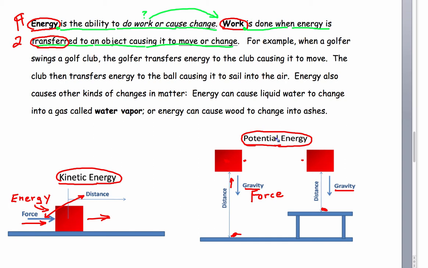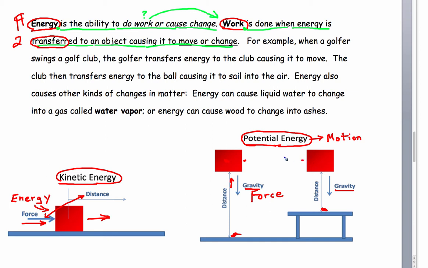Just remember that potential energy, the potential energy for motion, the potential energy to cause motion, is energy stored in an object that's held above the ground. It has the potential to cause motion if I release that energy, because gravity, the force that will act upon the objects, will pull those down.